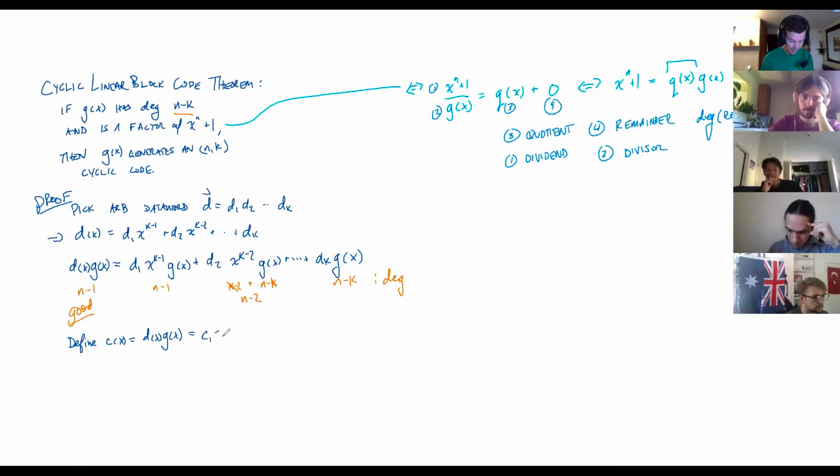It'll be c1 times x to the n minus 1 plus c2 x to the n minus 2, and on down to cn x to the 0. Okay, so let's multiply both sides by x. So if I go x times c of x, then I get c1 times x to the n. Everything gets bumped up by 1 power.